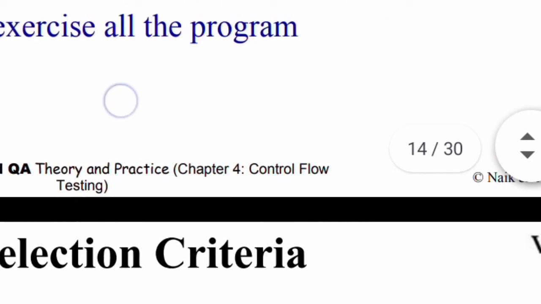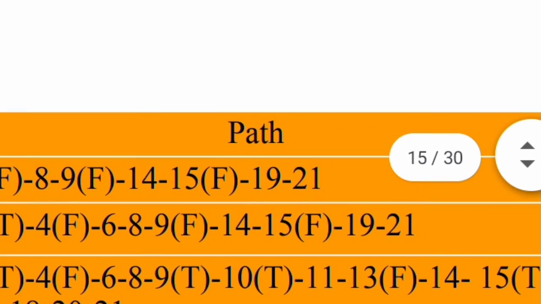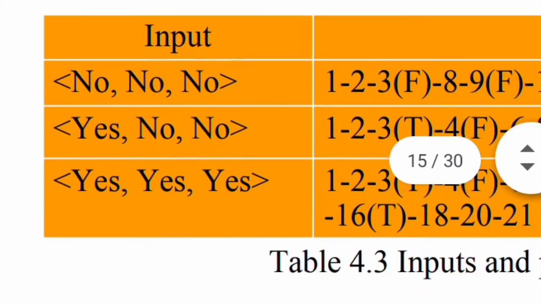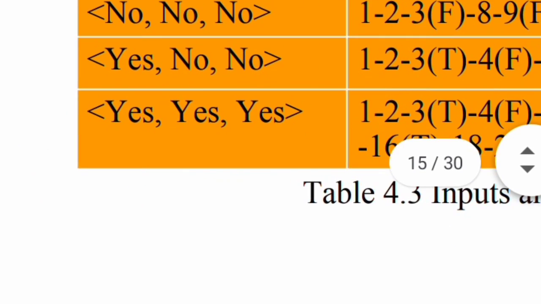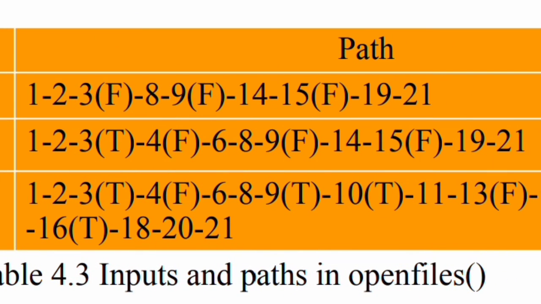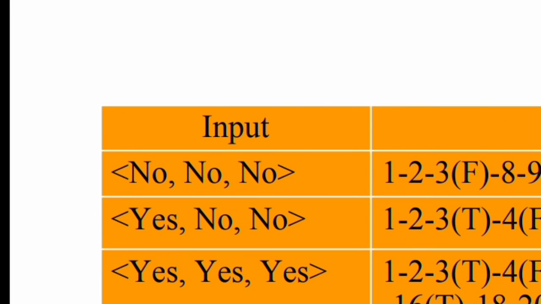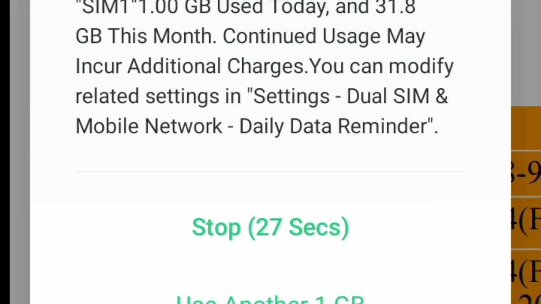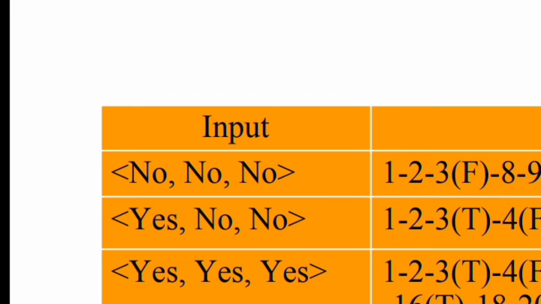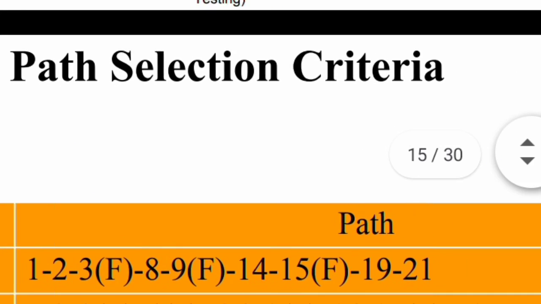Selecting all the inputs will exercise all program paths. Here, inputs and paths in open files. Here we are taking the first 3 paths, and you have to observe the table of inputs and paths in open files.